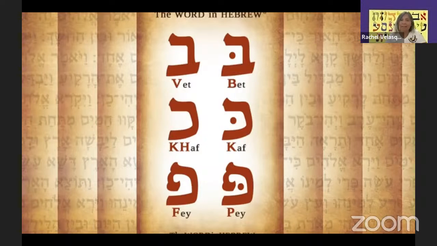You have bet or vet, kaf or khaf. Did you hear that glottal sound? And then you have pey or fey. All three of those have a dagesh that changes the sound of the letter.